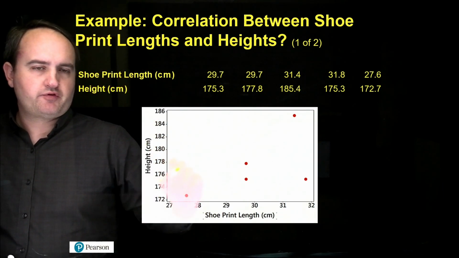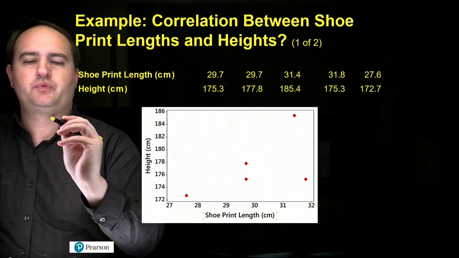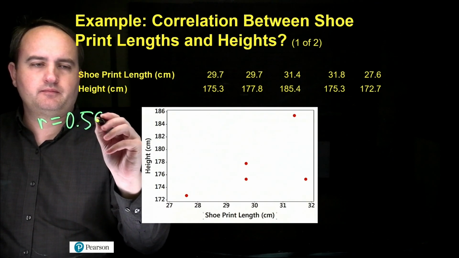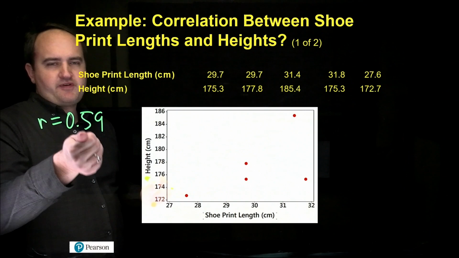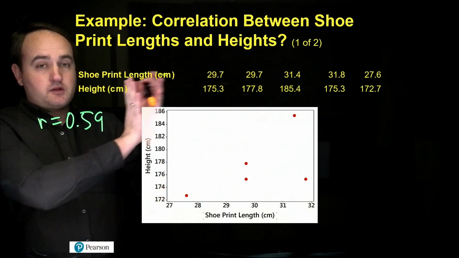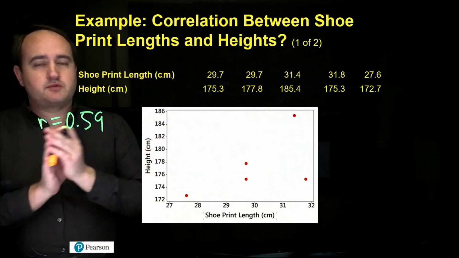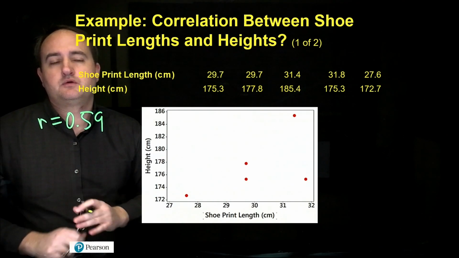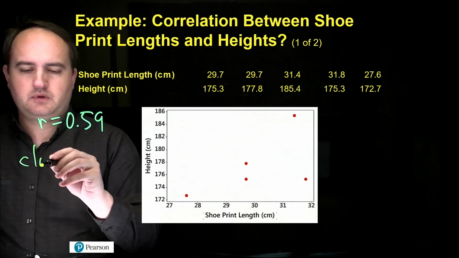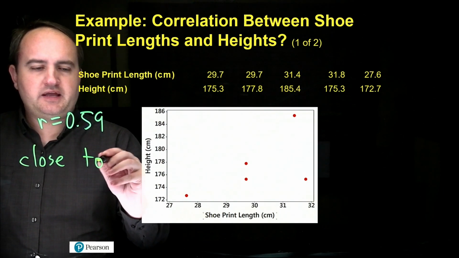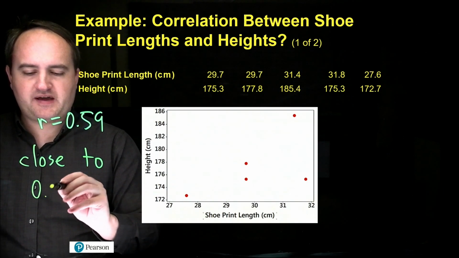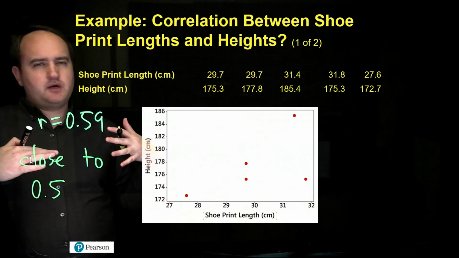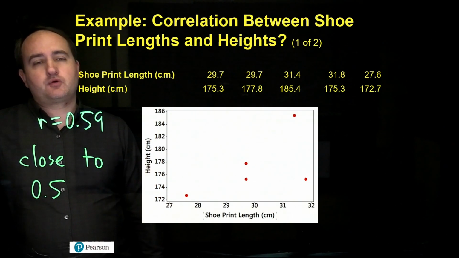So for this third scatter plot, we've got r equals 0.59. As you can see, 0.59 is not close to 1, and it's also not close to 0. The thing that it's closest to is 0.5. If you're close to either 0.5 or negative 0.5, then that means it's not very clear whether there is or isn't a linear correlation.